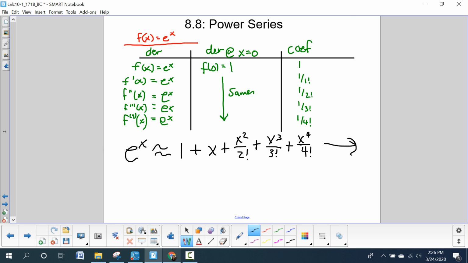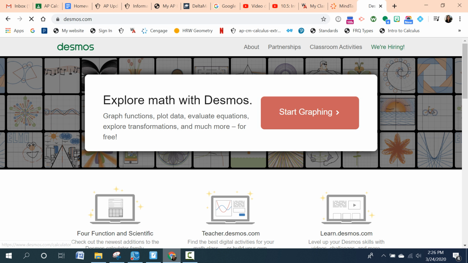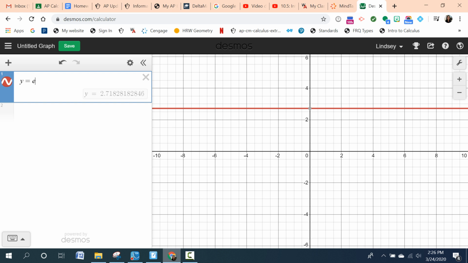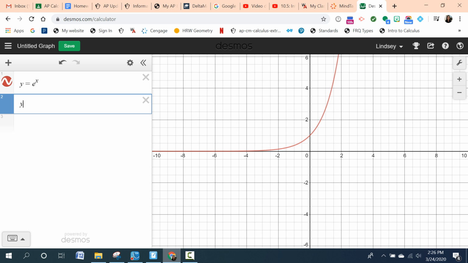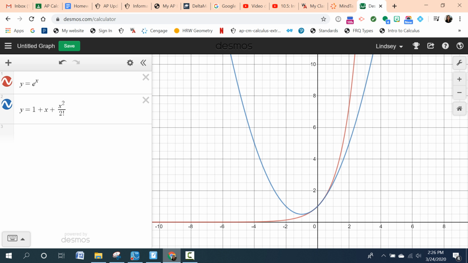I've done this before, but if I go to Desmos and start typing this in, let's do the function e to the x, and then let's do the Taylor polynomial 1 plus x plus x squared over 2 factorial. See how that's fitting to the curve right through here? Let's pull this down some so we can really see that.